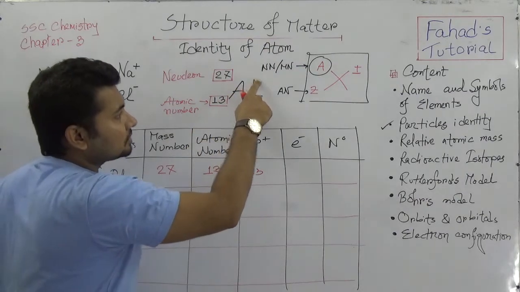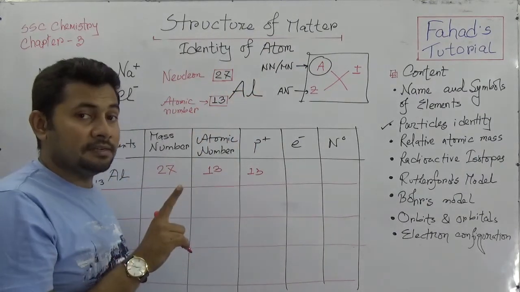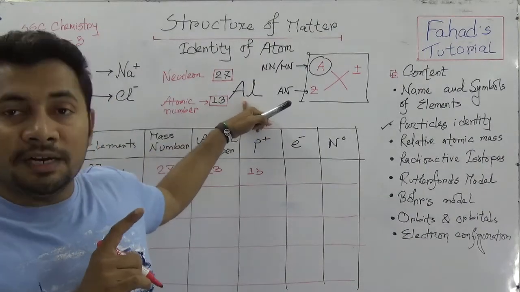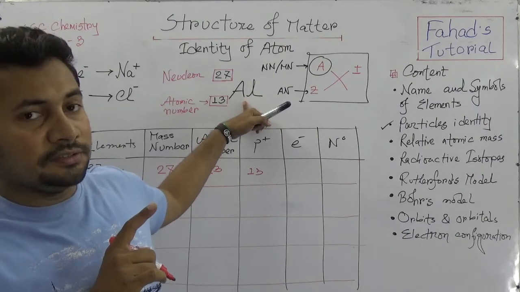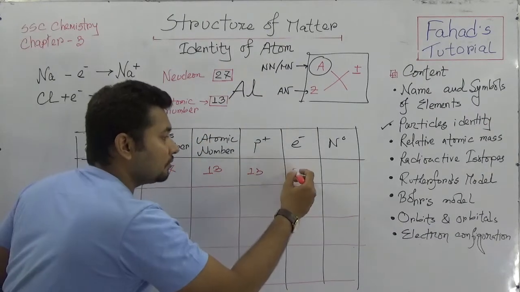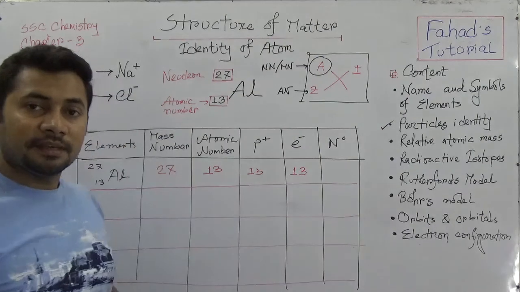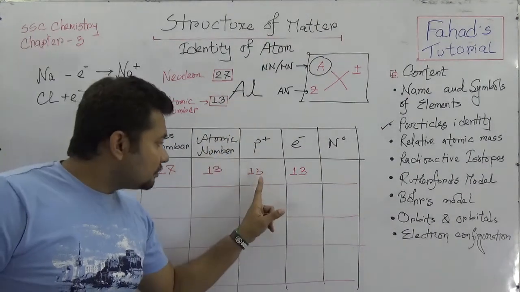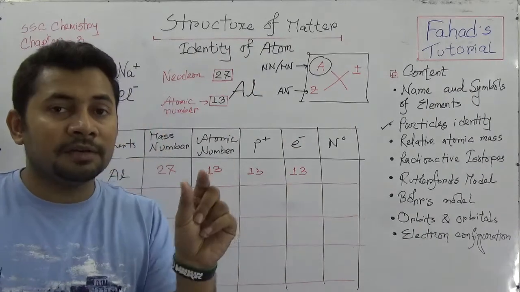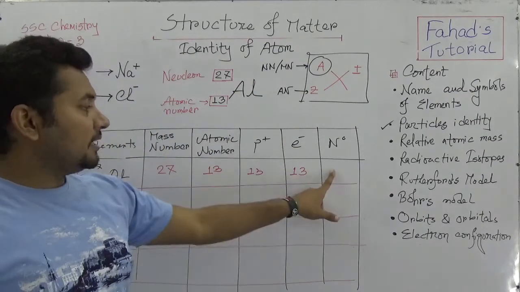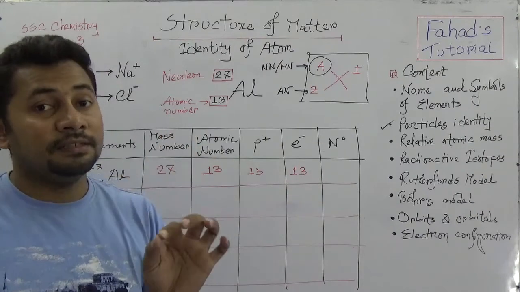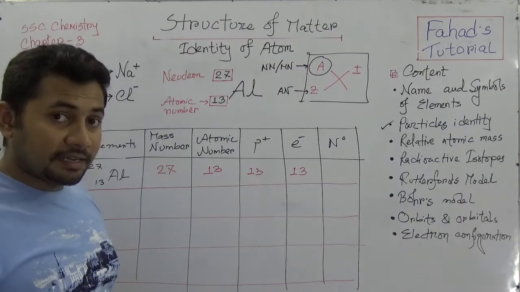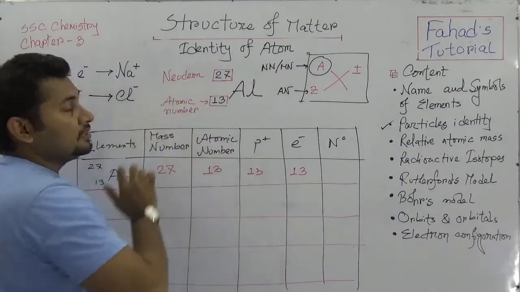And as there is no plus or minus sign, in this state it was not releasing or receiving any electrons. So the electron number would be the same. Because there is no cation or anion formed by aluminium, the proton and electron numbers would be the same. But how can we find the neutron number? We know that the nucleon number is the summation of the proton number and the neutron number.